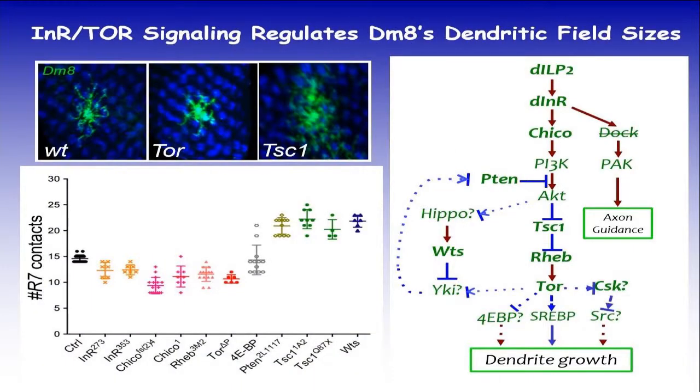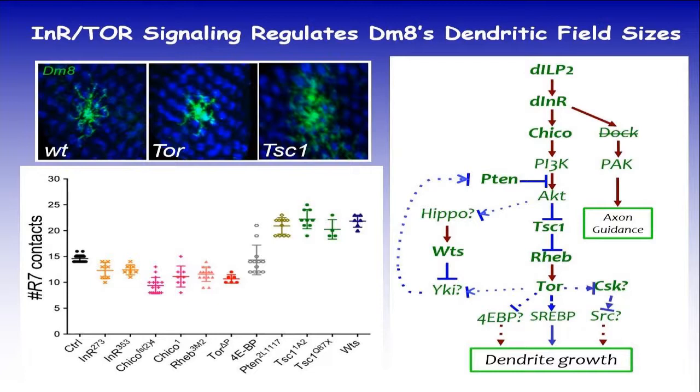Okay. So the last bit of information to tell you about is the insulin Tor signaling, which I promised at the beginning. The other signaling pathway that regulates the size of this dendritic arbor turned out to be the Tor pathway, acting through insulin receptors.